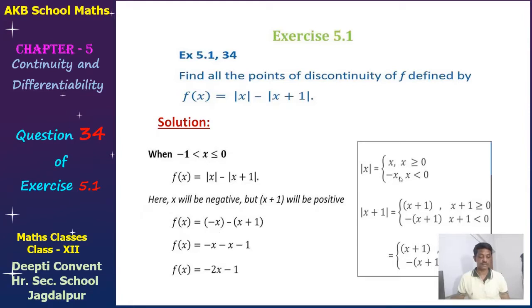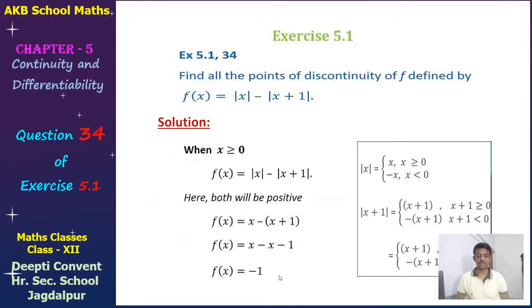And x plus 1: here x lies between minus 1 and 0, so x plus 1 will be positive, so mod x plus 1 equals x plus 1. Now solve it, you get f(x) equals minus 2x minus 1 for this region.